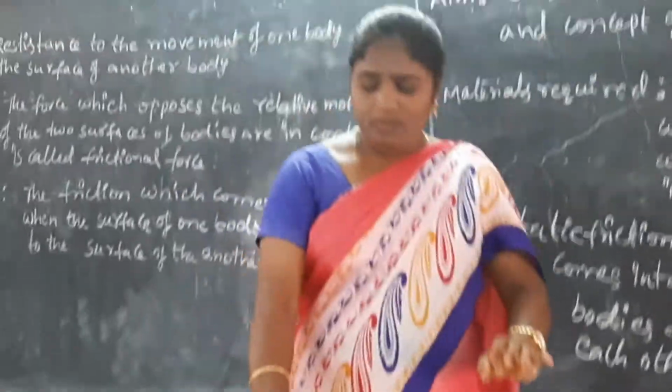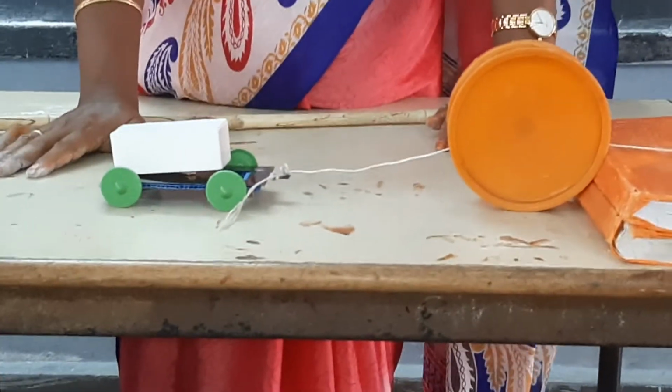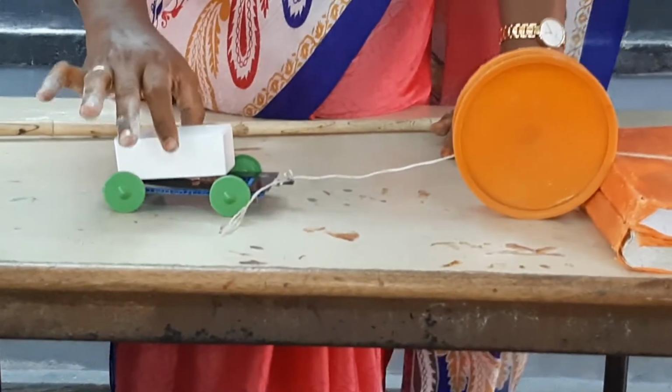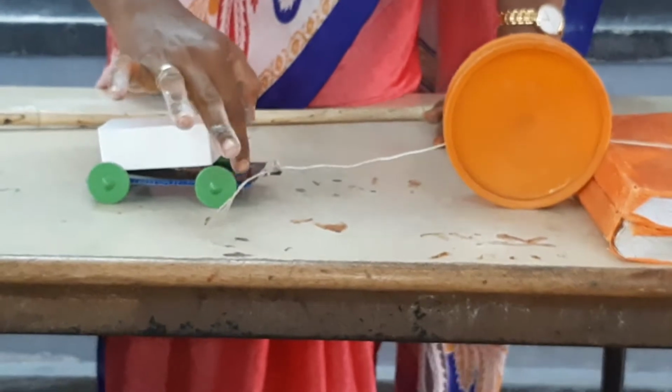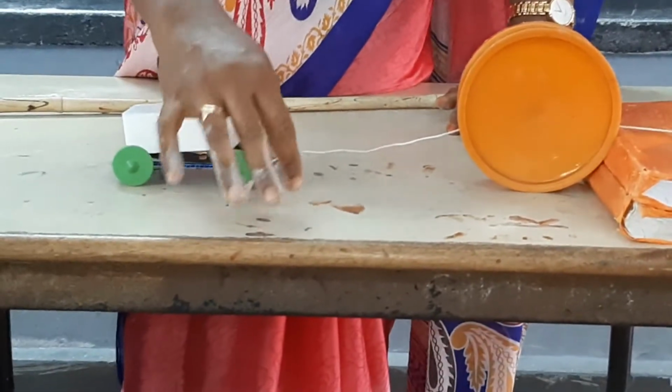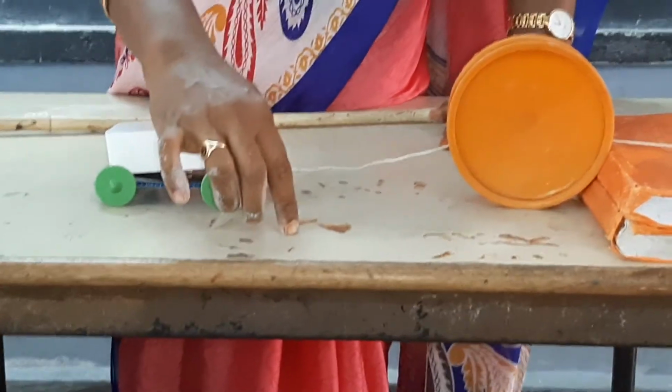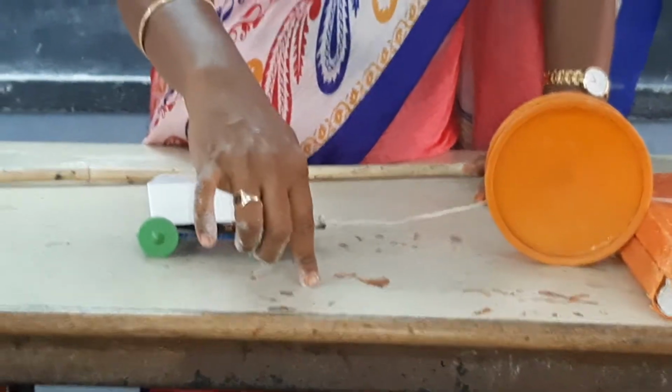Here we observe that sliding friction and static friction both exist. The sliding friction exists between the trolley and the table.